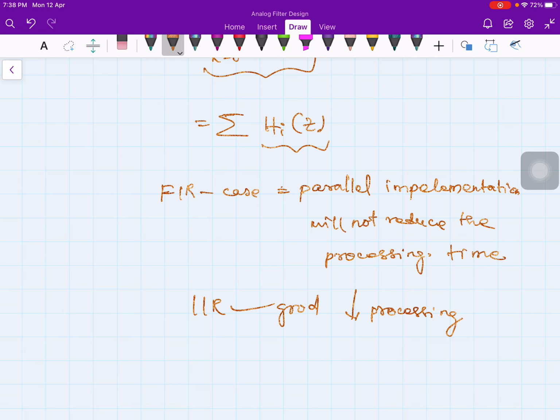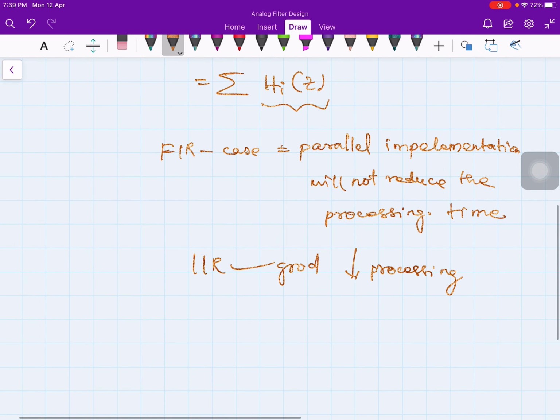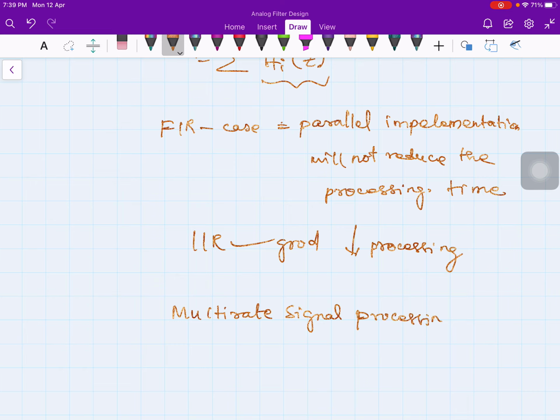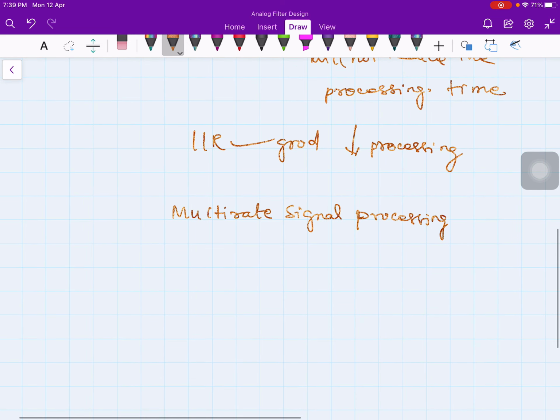The reason is parallel implementation is useful in the context of multi-rate signal processing. When I say multi-rate processing, that means interpolation and decimation.